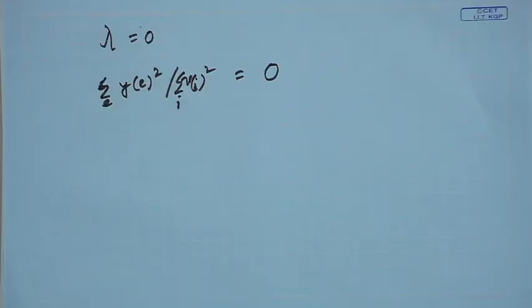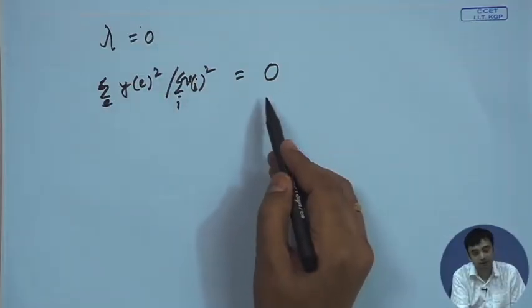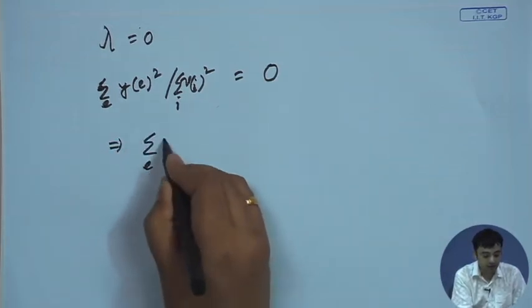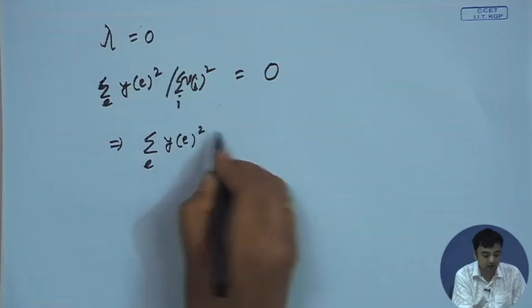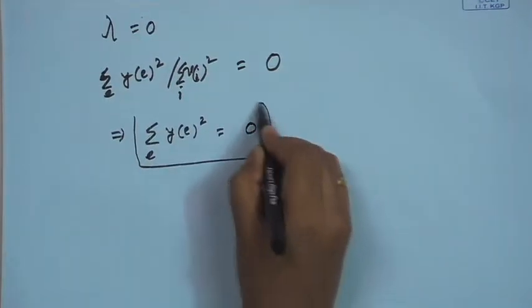We have evaluated the expression for lambda like this in the last lecture. So, this expression will be equal to 0 if lambda is equal to 0. That means, essentially the sum over edges of (Vi minus Vj) whole square is equal to 0, since the sum of Vi whole square is a positive scalar. So, this is what you boil down to.